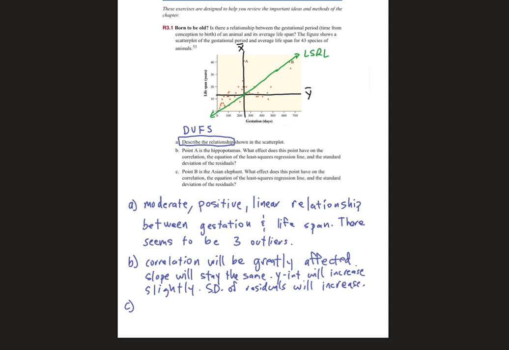Okay, so the correlation, assuming that this line passes through B or close to B, it looks like it'll strengthen the correlation, mostly because the residual is smaller, and if it has a smaller residual than most of the other points, it'll make the correlation closer to 1 or -1, 1 in this case since it's positive.